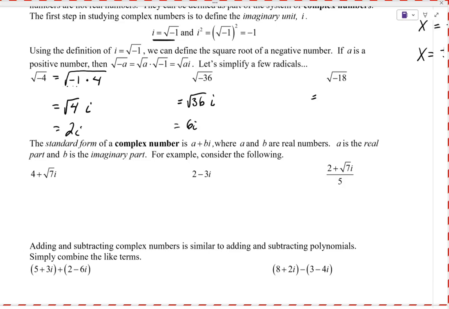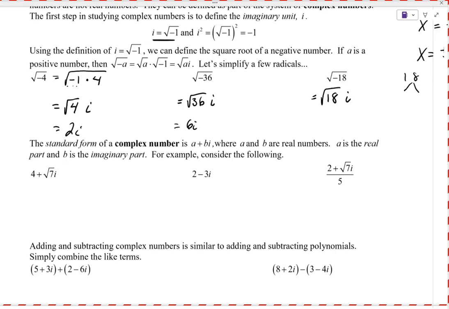The negative. And we'll write this as square root of 18 times an i on the outside. Now, square root of 18 doesn't simplify nicely like the first two do. But can you break down 18 into something you can take the square root of?